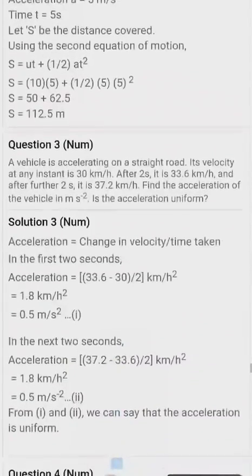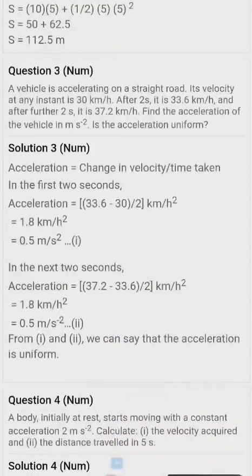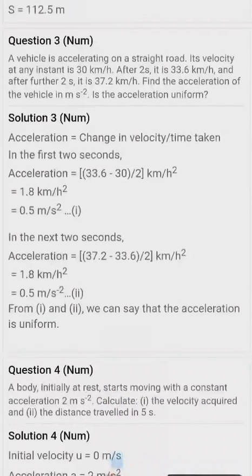Next sum is very important. A vehicle is accelerating on a straight road. Its velocity at any instant is 30 km per hour. After 2 seconds, it is 33.6 km per hour. After a further 2 seconds, it is 37.2 km per hour. Find the acceleration of the vehicle in meter per second square.